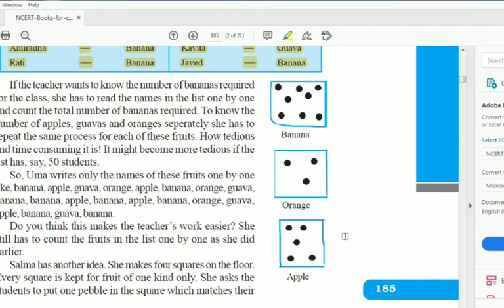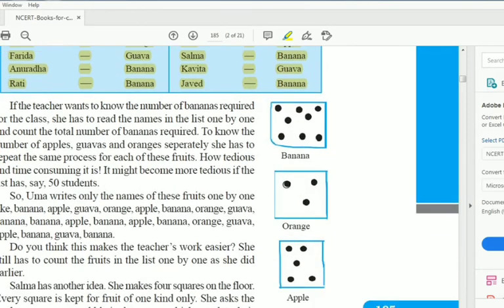What did Uma do? It is very nice, but it is a little difficult to count the number of fruits. So Salma has another idea. She makes 4 squares on the floor, and every square is kept for fruit of one kind only. She asks the students to put one pebble in the square which matches.